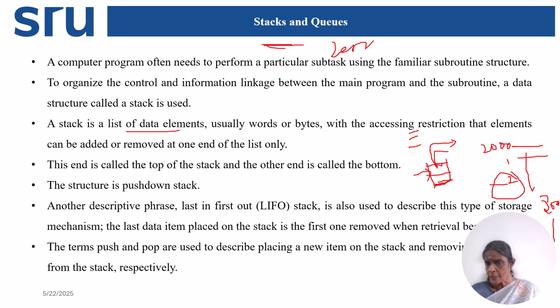If you want to take the data, you take this one only. That is why it is last in first out: whatever data is last will be taken out first. After taking it out, the stack pointer will go to the next location where data is stored, and if you want to take data again, that data will be taken because the previous one is now empty.